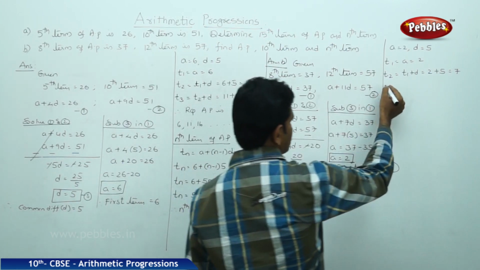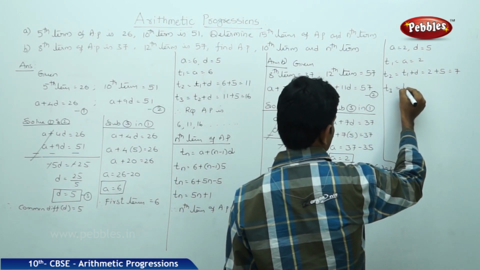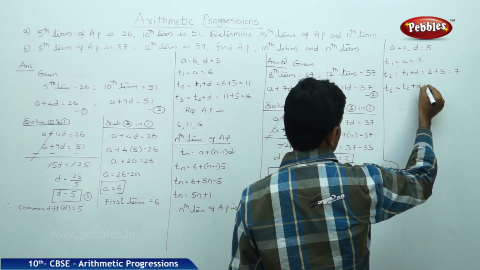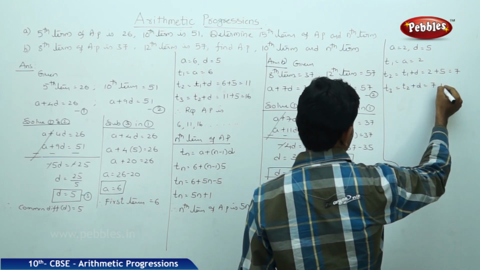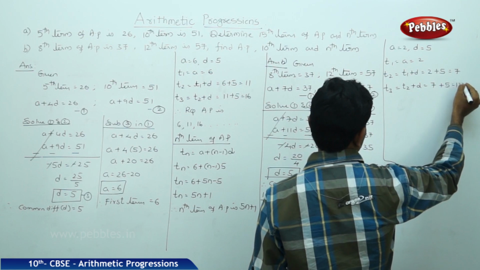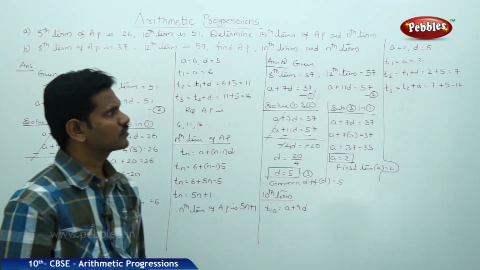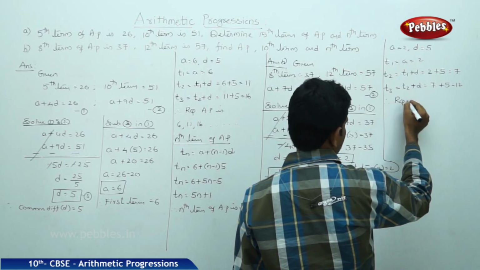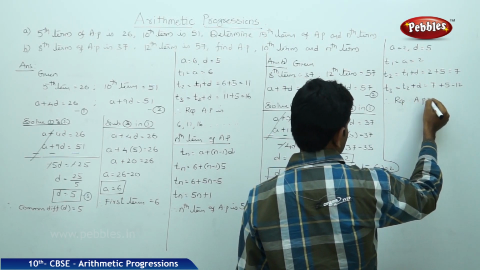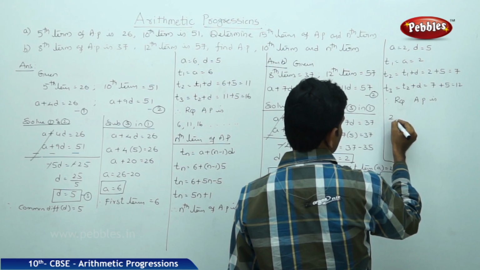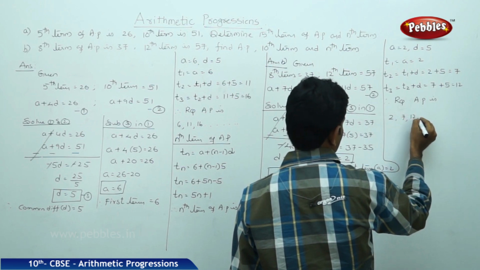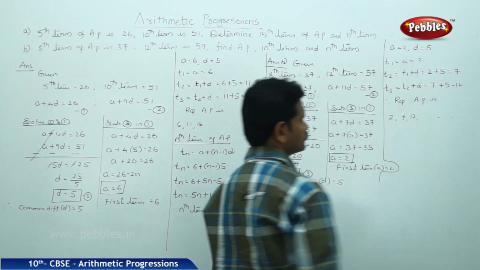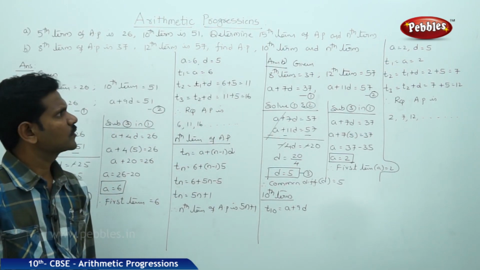Next, T3 is equal to T2 plus D, that is 7 plus 5, that is equal to 12. Therefore, the required AP is 2, 7, 12 and so on. That is the required AP.